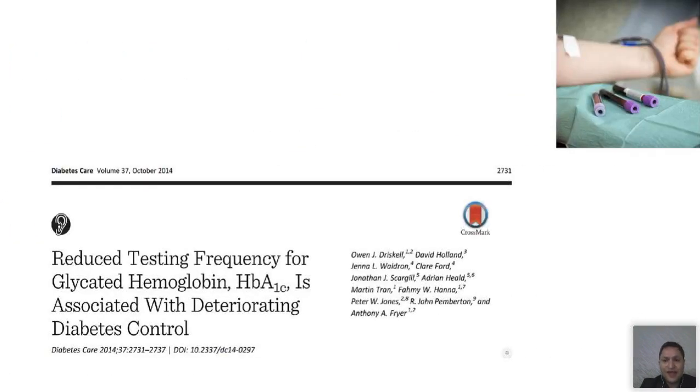This poor adherence to the guidelines and to the instructions for the frequency of HbA1c testing is proven to be associated with deteriorated diabetes control and more diabetes-related complications in the future, including macro and microvascular complications.